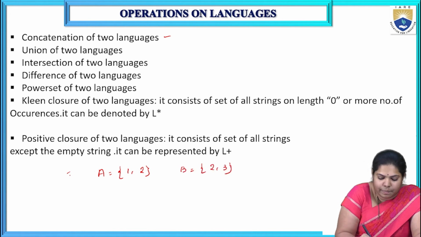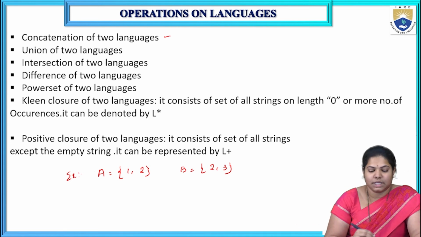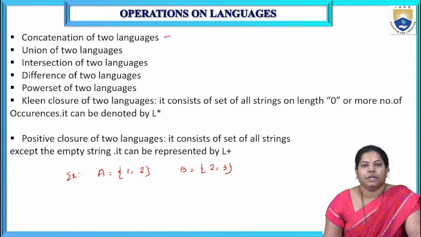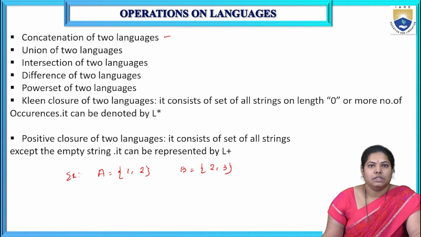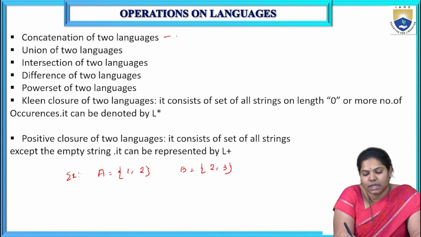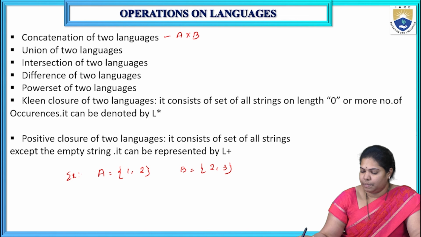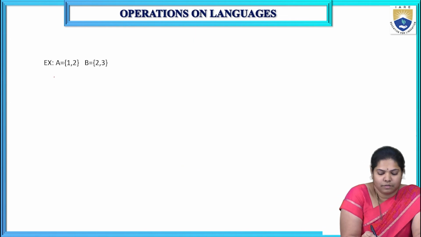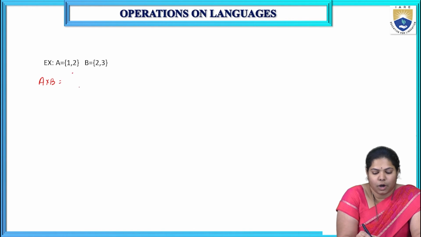I will perform all the operations on this example. First is the concatenation of two languages, which we represent as A cross B. So A is 1 comma 2 and B is 2 comma 3.